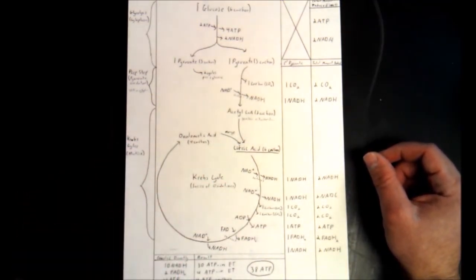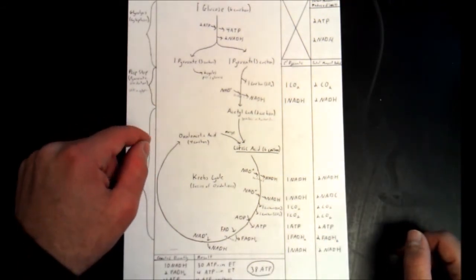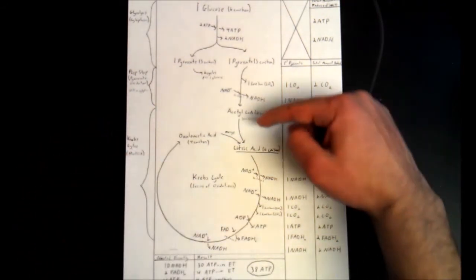In the mitochondria, acetyl-CoA is going to merge with oxaloacetic acid, which is a 4-carbon, so you have the 2 and the 4, and you're going to get citric acid, a 6-carbon molecule. And the rest of these steps are just going to be a series of oxidations which turn citric acid back into oxaloacetic acid that can then merge again with acetyl-CoA.